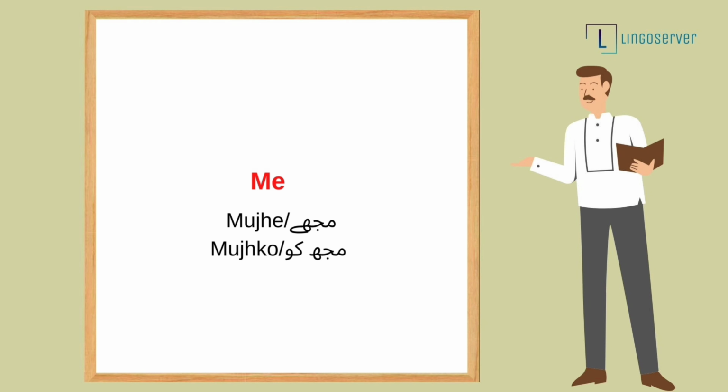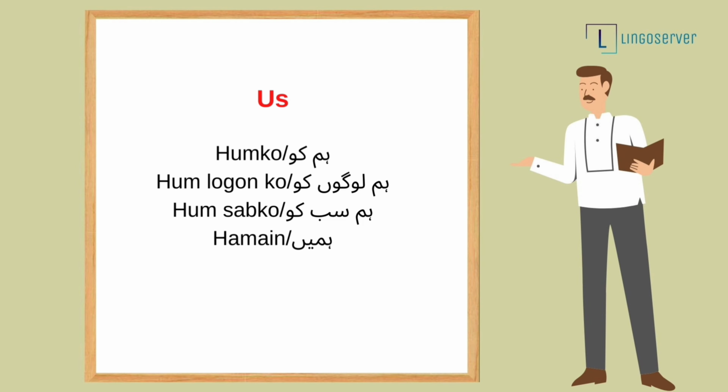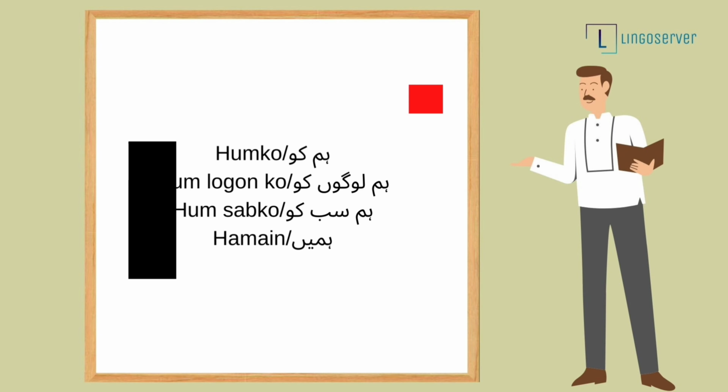And मुझे, मुझको: these are used in the meaning of me. And हमको, हम लोगों को, हम सबको, हमें: these are used in the meaning of us.